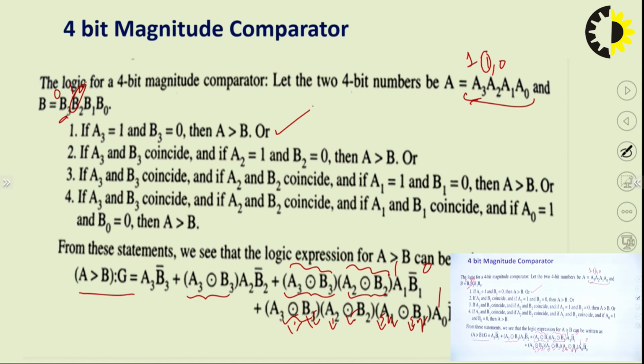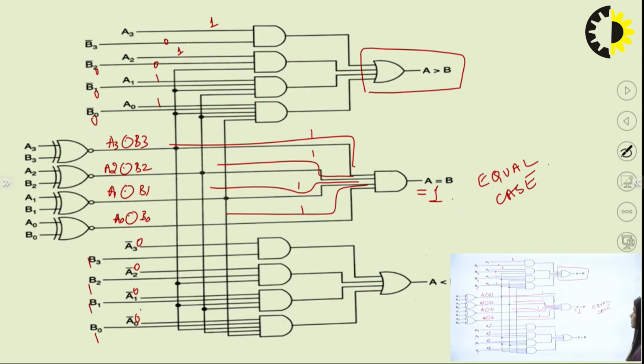Similarly, for less cases we can discuss. If the second number B is greater, in which cases? The second number B is greater when, let us write this less than case, we will discuss again. This is clear because for equal cases we can design by using XNOR logic only.